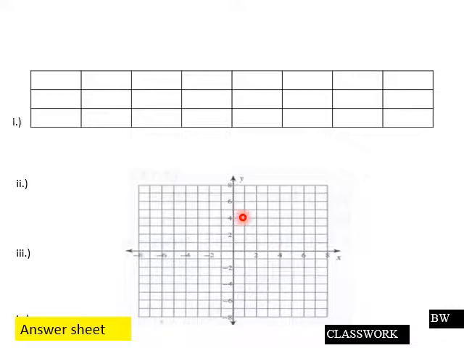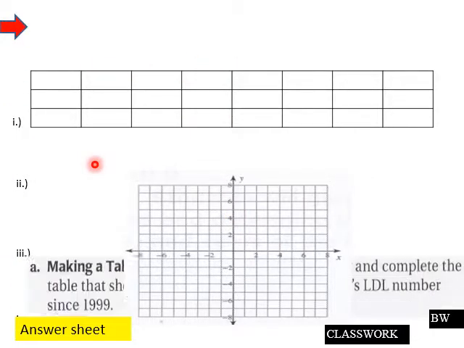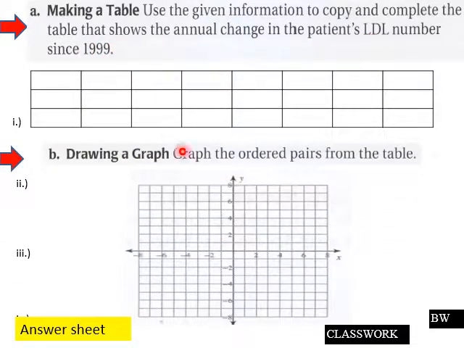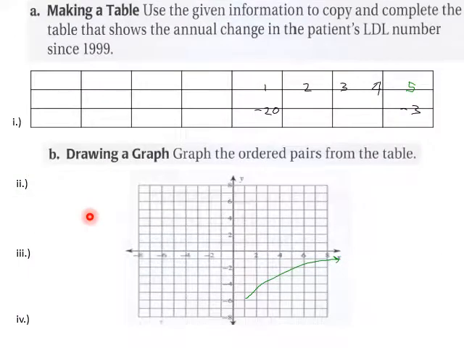Here's your graph grid. Here's your table. Making a table: use the given information, copy and complete the table. It shows the annual change of patients' LDL numbers since 1999. And then drawing a graph: graph the ordered pairs from this table onto this grid here.